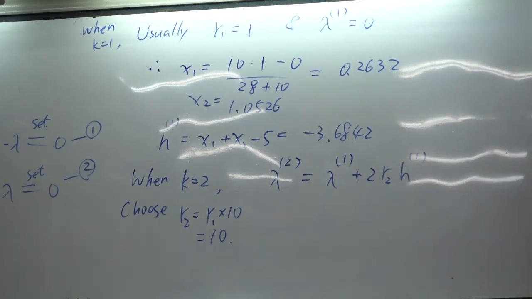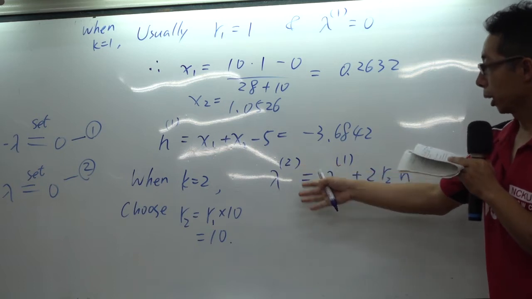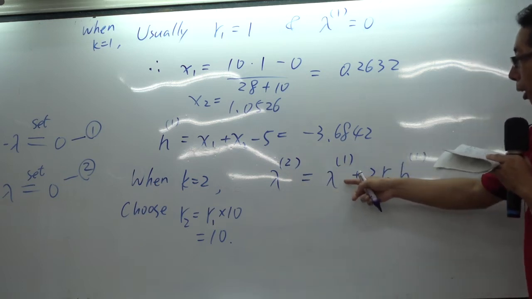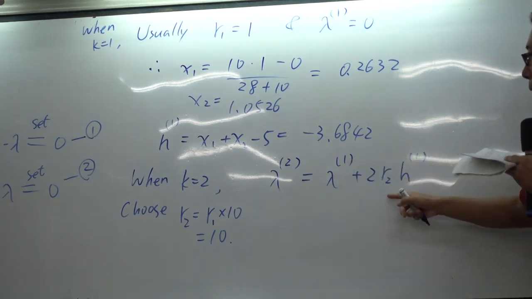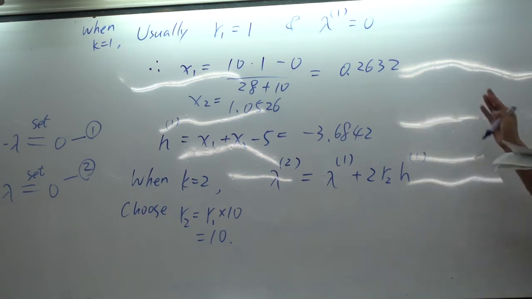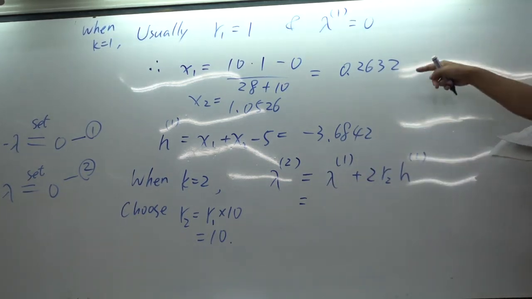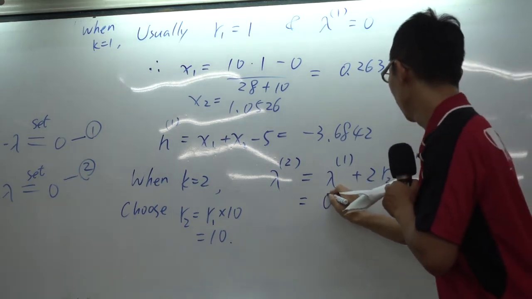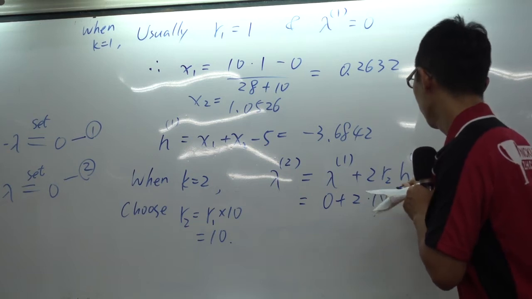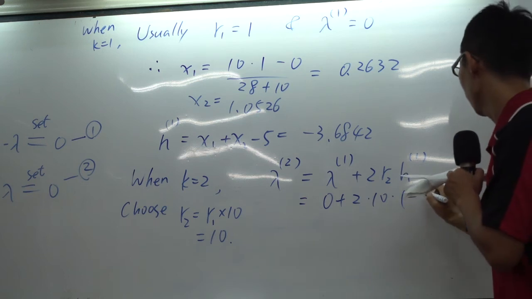Okay. So, that is when k equals 2, lambda at k equals 2 equals lambda at k equals 1 plus 2 times R2 times h when k equals 1, okay? I hope this is fine because we have just calculated everything. Over here this is 0, and we have 2 times R2, which is 10, times h when k equals 1.